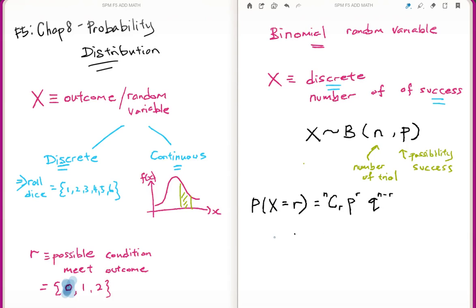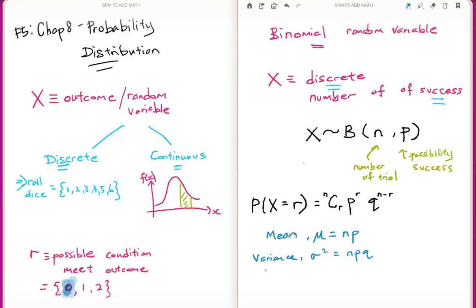They will also ask you for the mean, like what you have learned in statistics, but I hope you won't confuse yourself with those. For mean, that will be the product of n dot p. For variance, sigma squared equals npq.